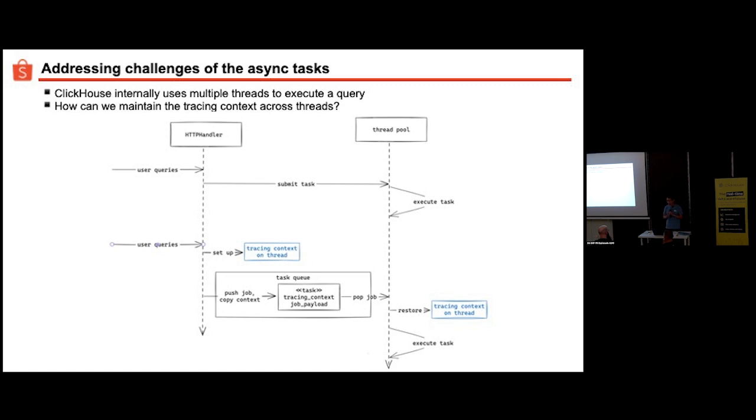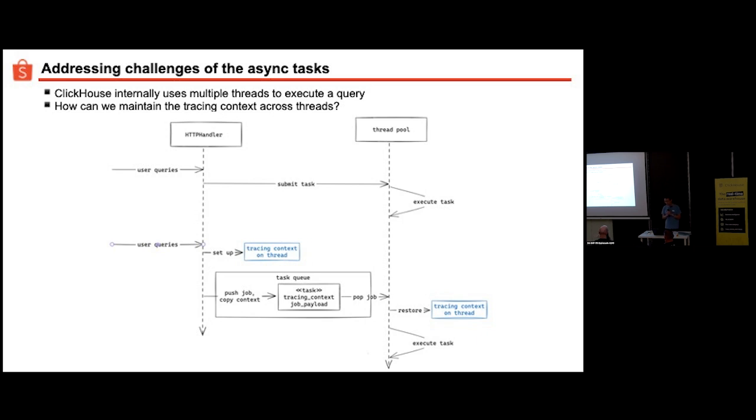The first is about how we handle the tracing context across internal jobs. What we do is, when a query comes into ClickHouse, the HTTP handler is responsible for handling the query in HTTP threads. Whenever a job is forked from the HTTP threads, if there is a tracing context associated with the thread, we will copy the tracing context information to the job and keep this information along with the job in the job queue.